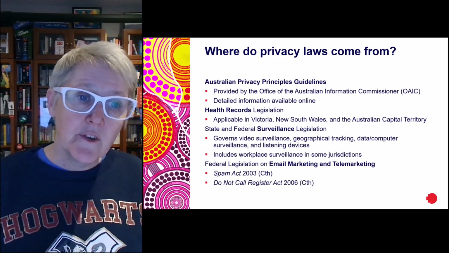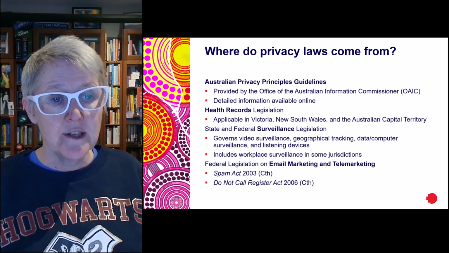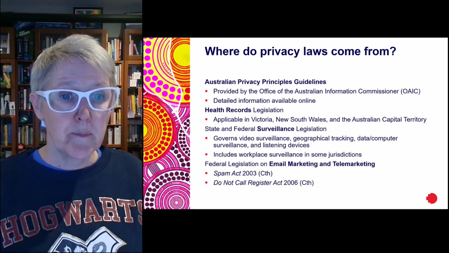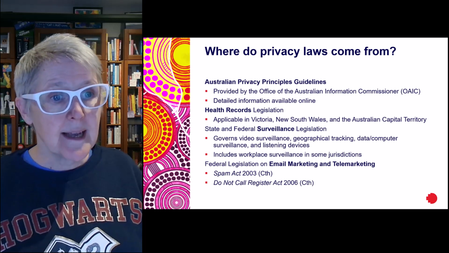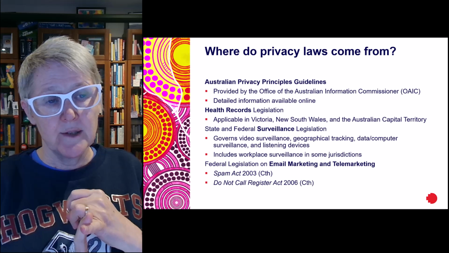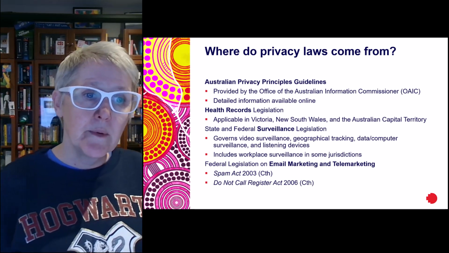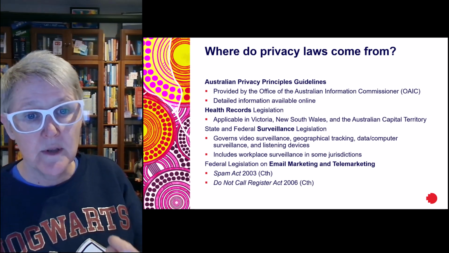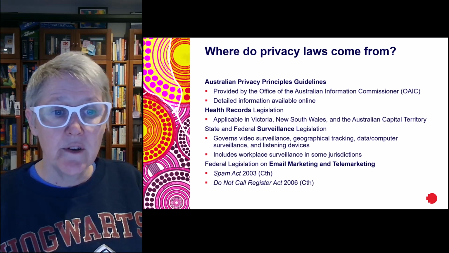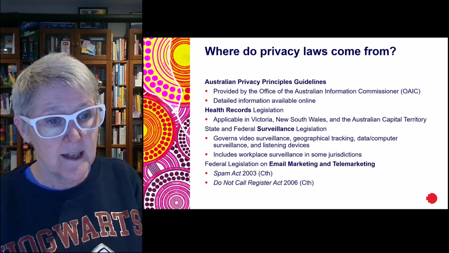There are also state and territory legislation. In addition to the Federal Privacy Act, each state and territory has its own privacy laws and regulations. They govern what happens in relation to their government bodies, so they cover public sector bodies and often cover health service providers within their jurisdictions. For example, in Victoria, we had the Information Privacy Act 2000, but it's been replaced by the Privacy and Data Protection Act of 2014.